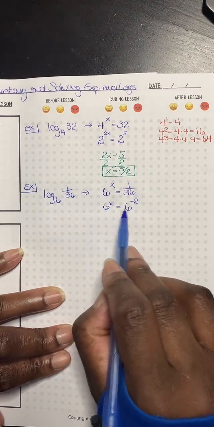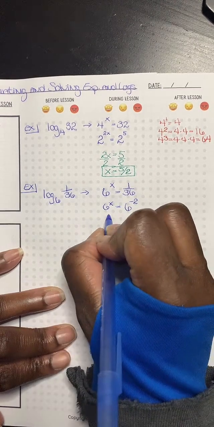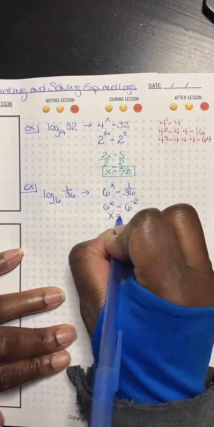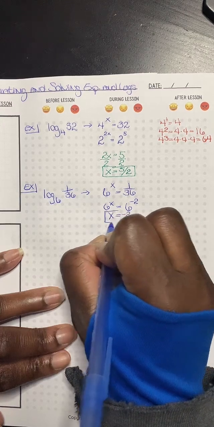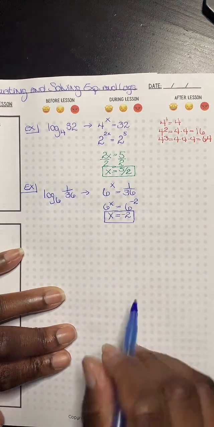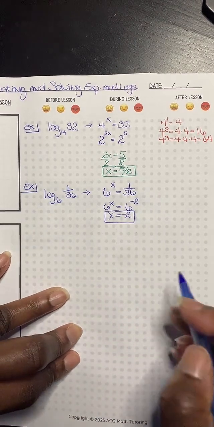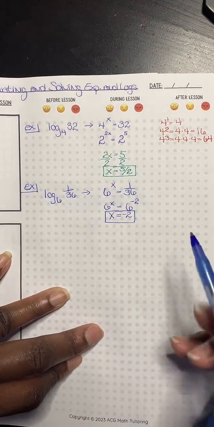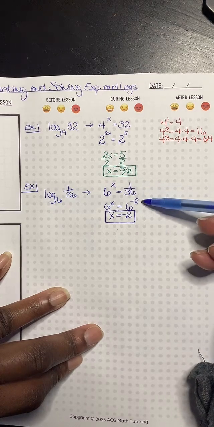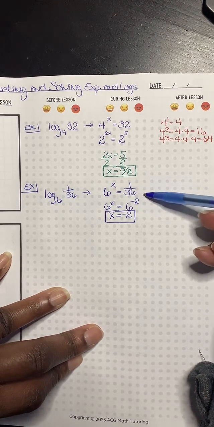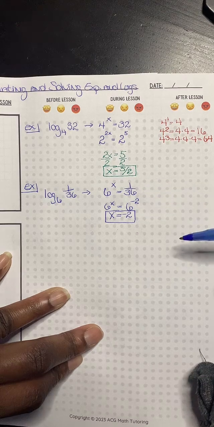When they have the same bases, I'll get my x equals -2, because 6 squared is 36. In order for it to be a 1 over 36, I need to have a negative exponent, because when we have a negative exponent, it basically drops to the denominator.